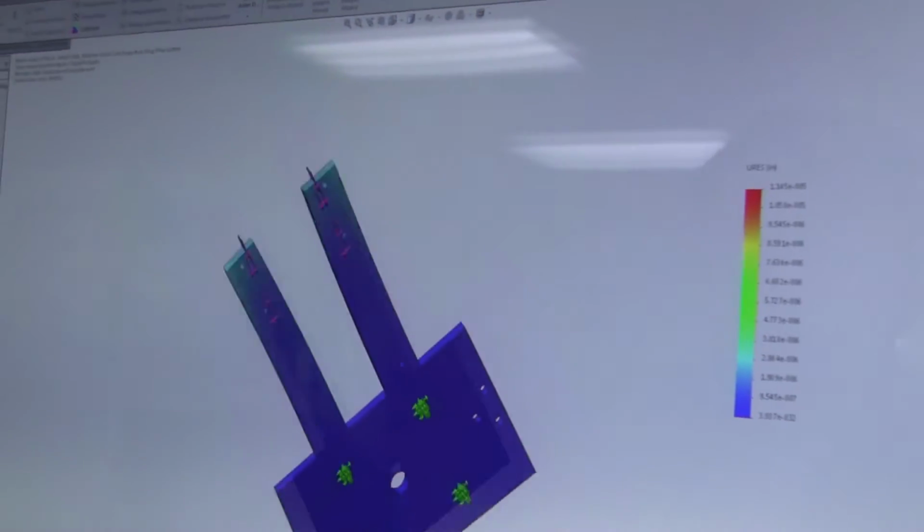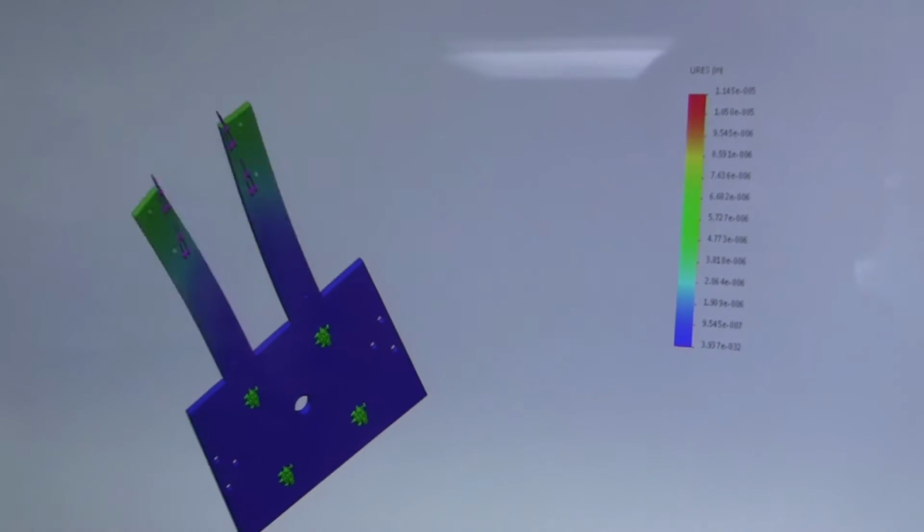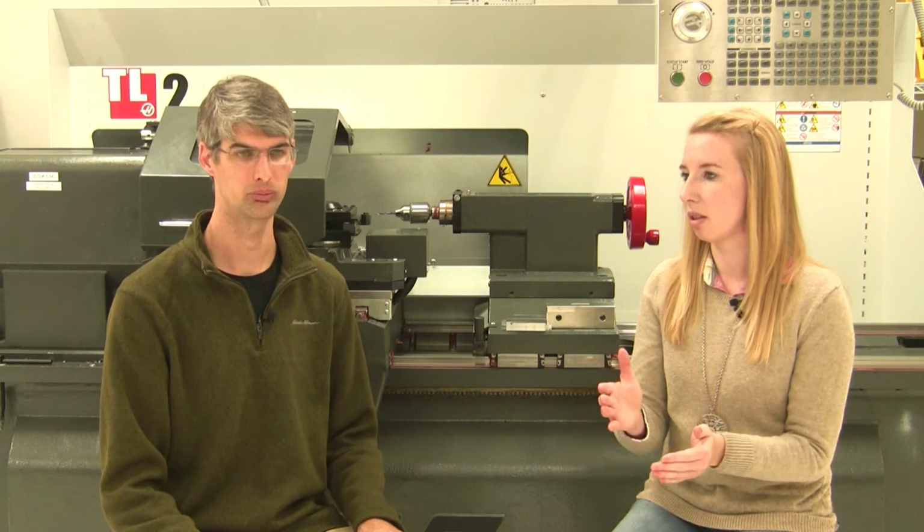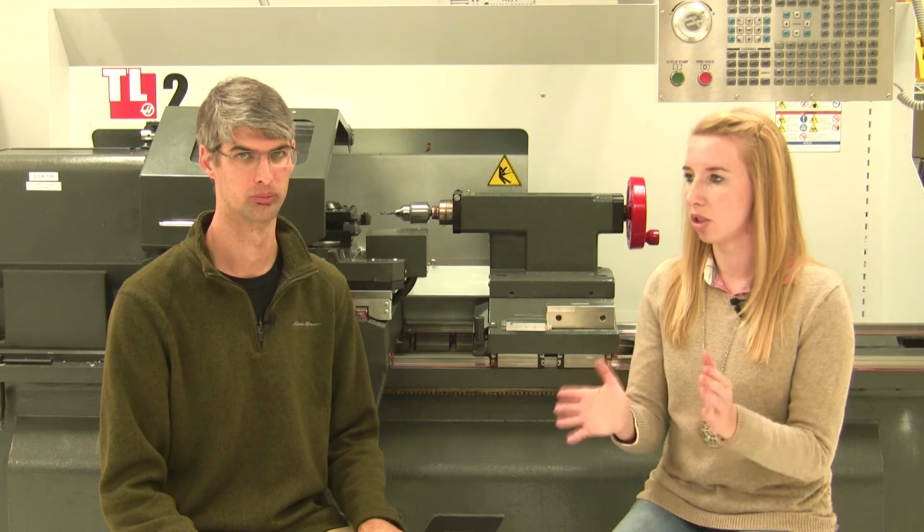And it will calculate different things like stresses and strains, and where you see high stresses and high strains. That's very helpful during the design process because you can look at that and say, well, I need to modify my design a little bit to take out this stress or just tweak it a little bit so that it meets those requirements.